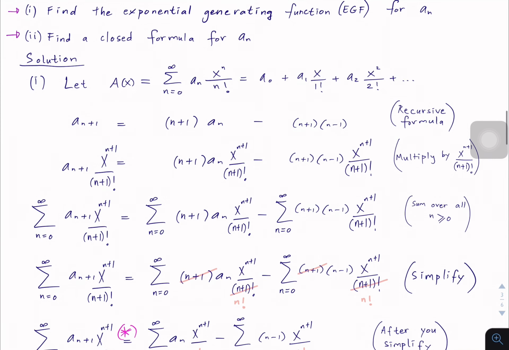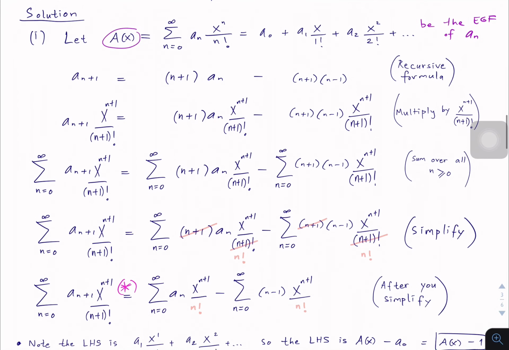First define capital A of x to be the exponential generating function of the sequence a sub n. Now I'm starting with the recursive formula that is given.